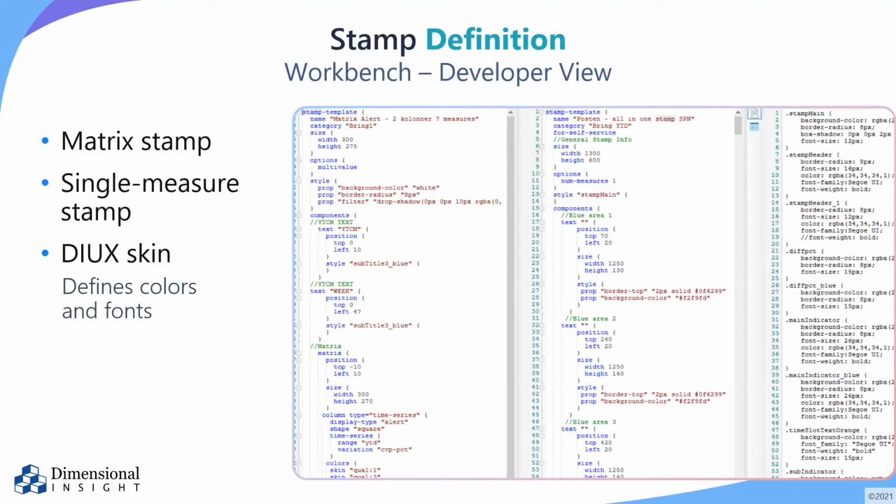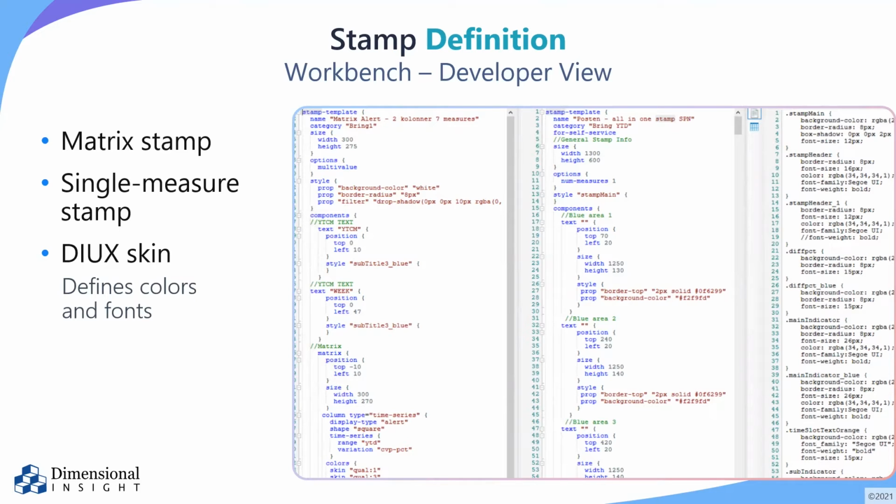From a developer's view, the first file is a part of the executive matrix stamp, where we have added a second alert, so the users can see alerts for year to completed month and last completed week.